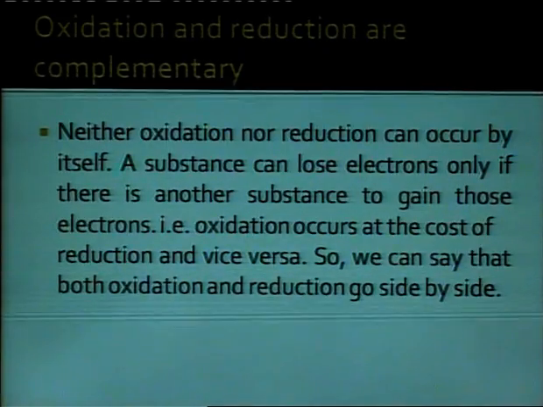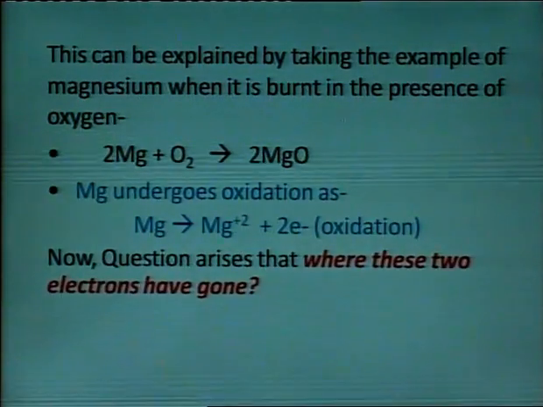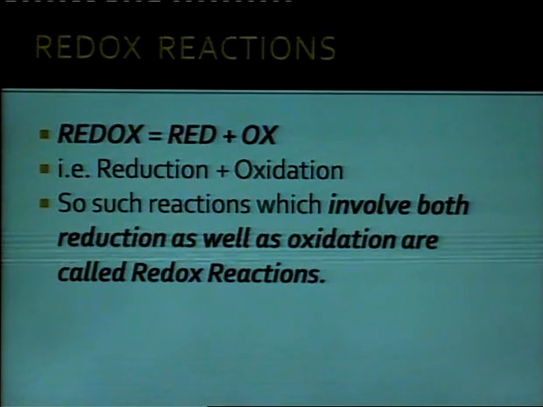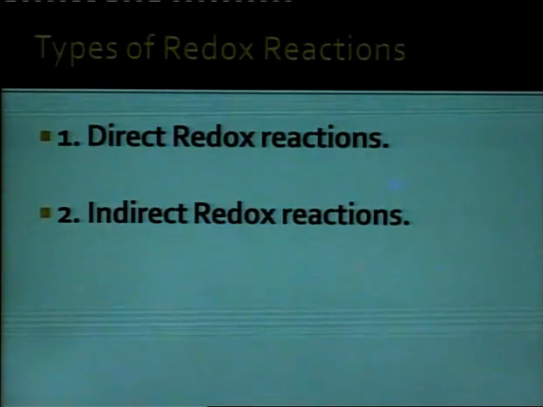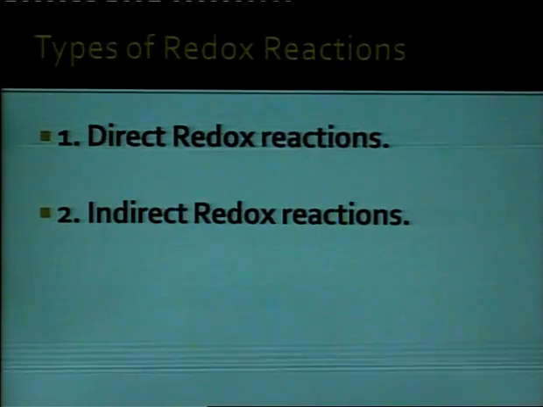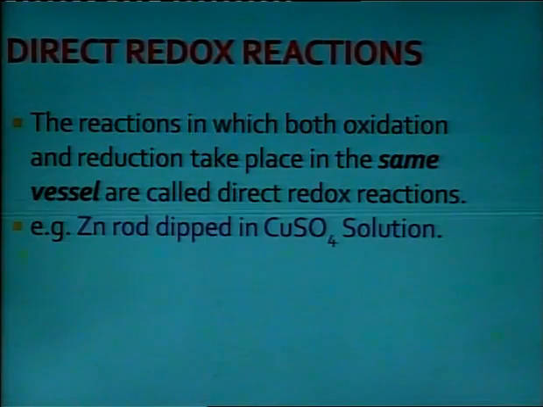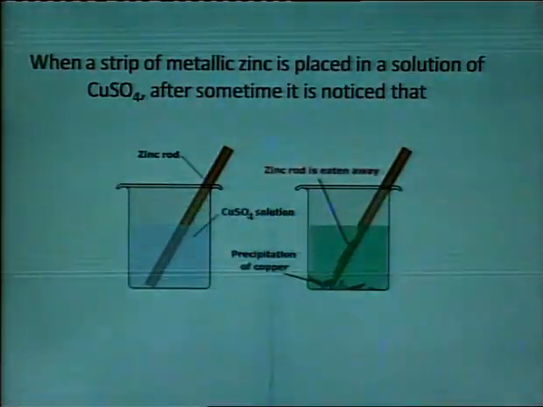Then we studied how oxidation and reduction are complementary, and I explained this point by taking an example. Then what are redox reactions and their types, and we studied direct redox reactions along with the example of a zinc rod dipped in copper sulfate solution.